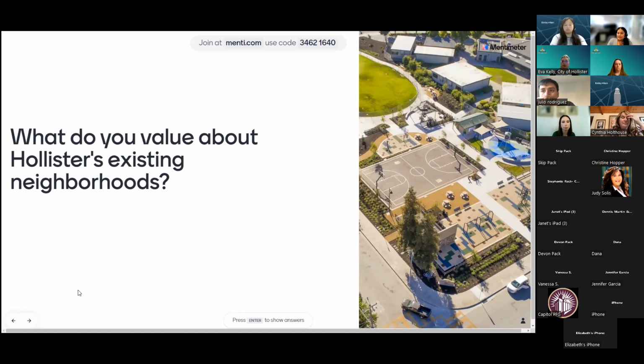So this is reflecting on existing character and neighborhoods in the city and things that we'd like to see maintained as we have future development in the city. So what do you value about Hollister's existing neighborhoods?